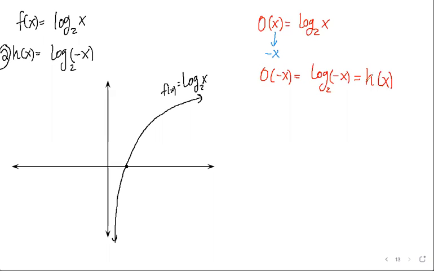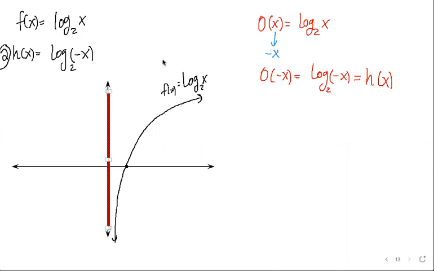So to graph this one, h of x, I have to graph the original one, then reflect it around the y-axis because the minus is inside. So here's the y-axis. This is my mirror.